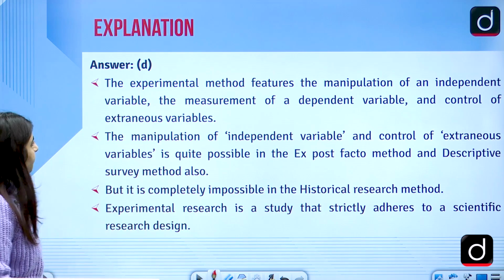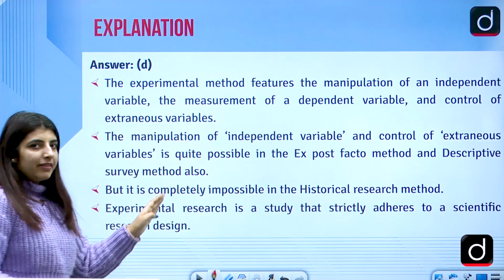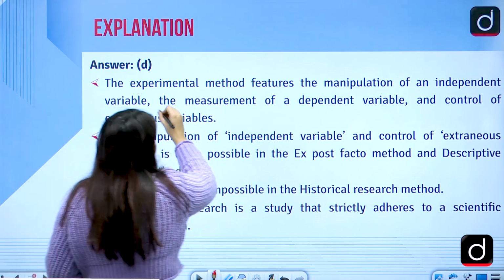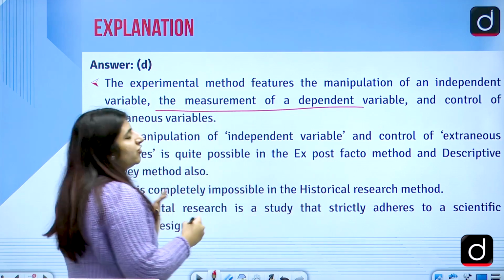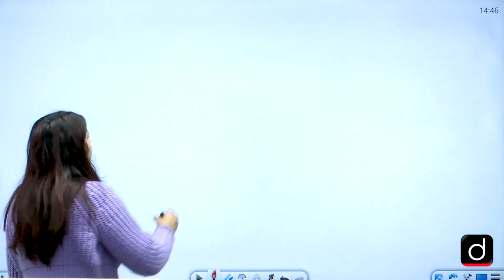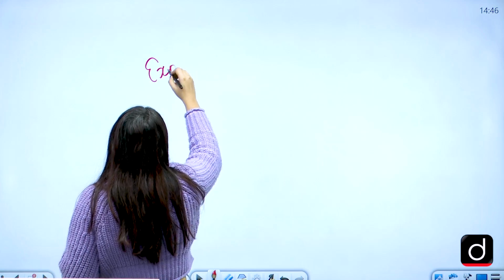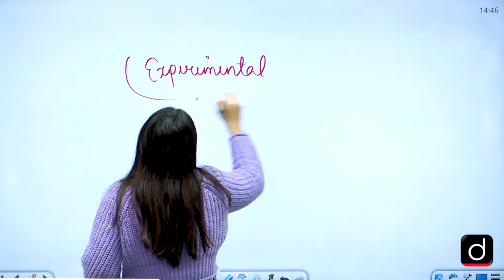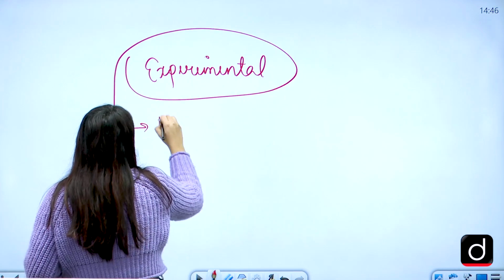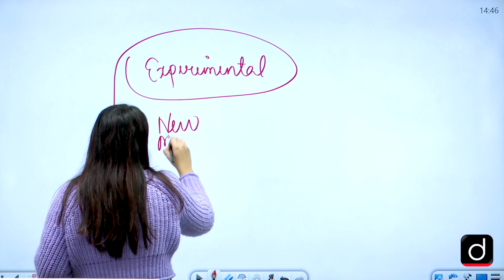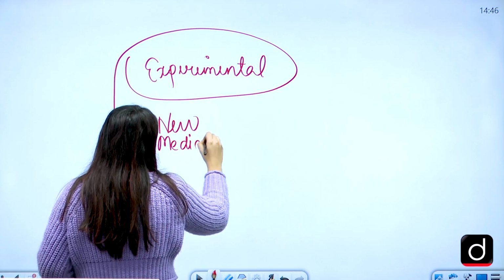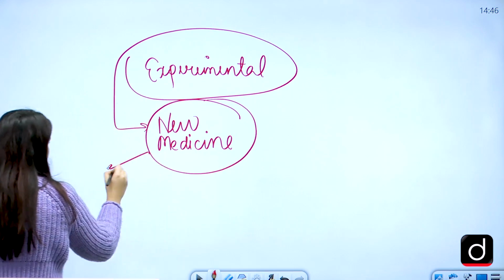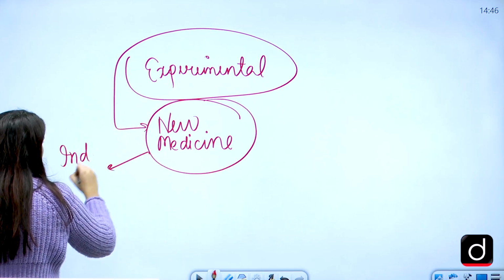The experimental method, first of all, features the manipulation of an independent variable, the measurement of a dependent variable, and control of extraneous variables. So we can take in the experimental method the example of a new medicine. A new medicine is my independent variable.